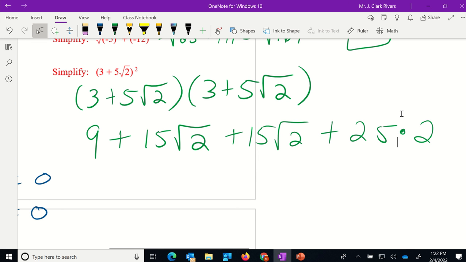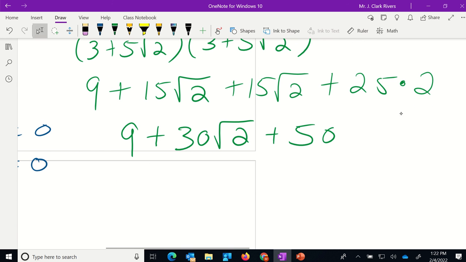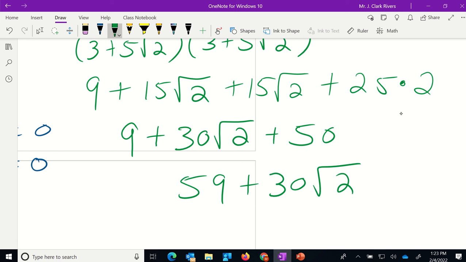So now, let's combine like terms. 9 is just 9. 15 root 2 plus 15 root 2, what's that, Jamie? 30 root 2. And then, what's 25 times 2? 50. So 9 plus 50, we get 59. So 59 plus 30 square root of 2.